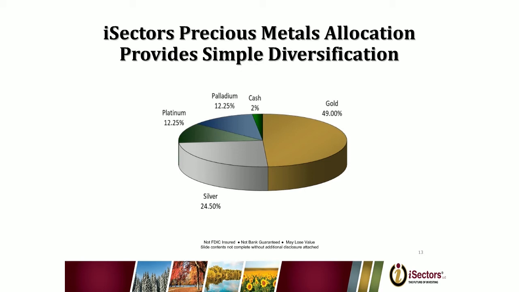Historically, precious metals has been one of the most uncorrelated asset classes with stocks and bonds, as Stan and Steve indicated. The precious metal allocation offers advisors a simple and cost-efficient approach to acquire and diversify a portfolio of precious metals bullion.